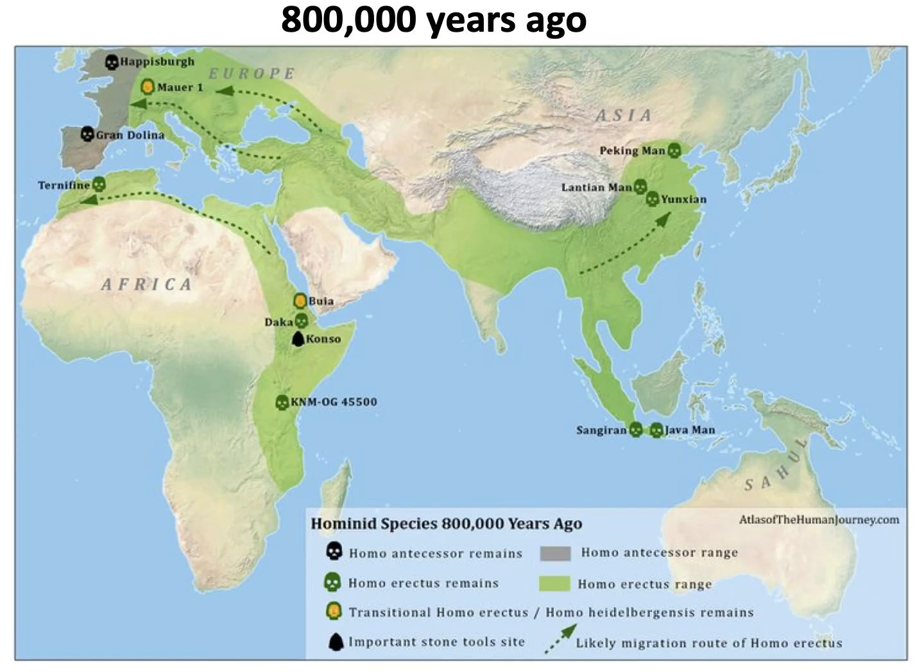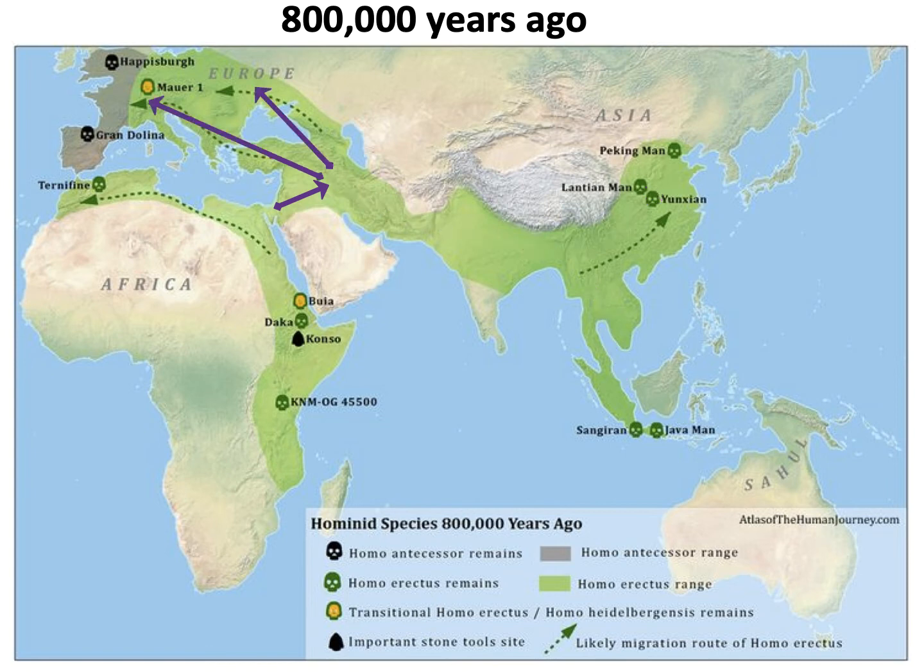By 800,000 years ago, Homo erectus had migrated over to the northwest coast of Africa, as well as parts of Asia, Sumatra, and Indonesia, and into Europe.